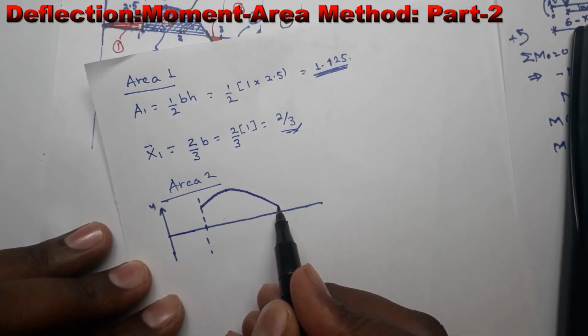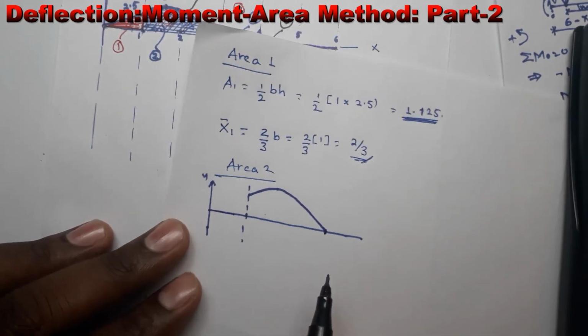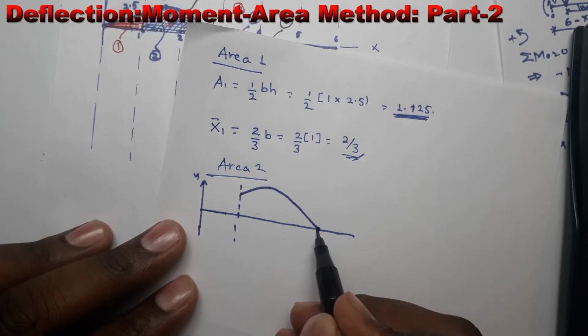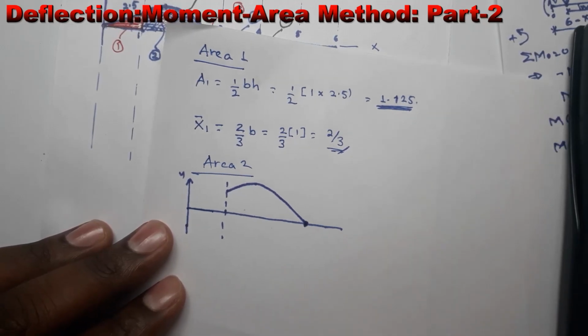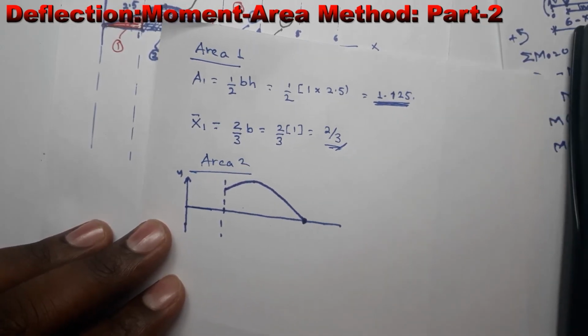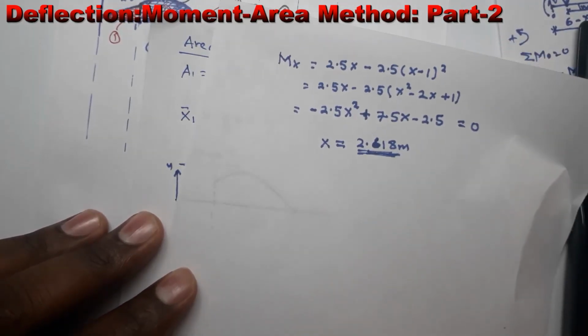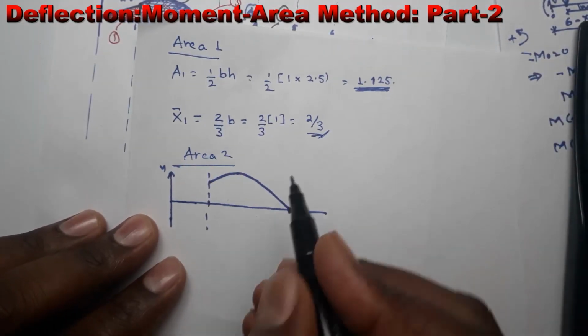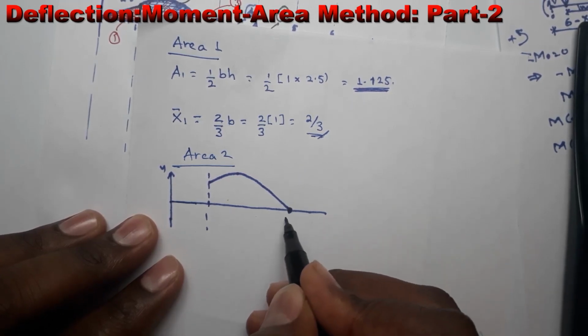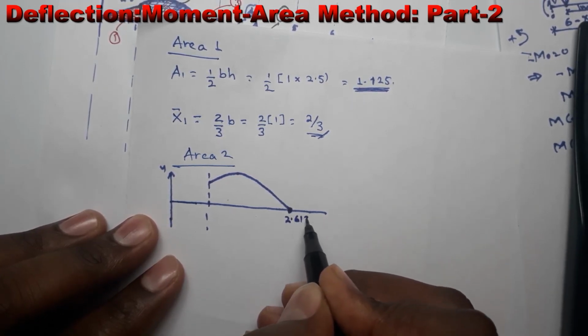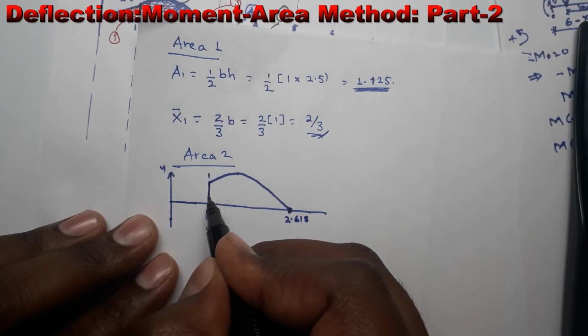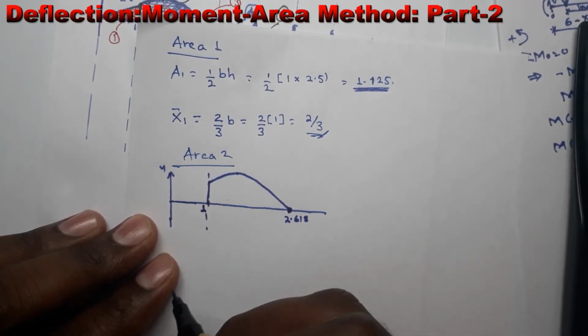Then it comes down here. What's the distance here? We already said where the moment is going to be 0, it is 2.618. Here it is 2.618, here x is 1.